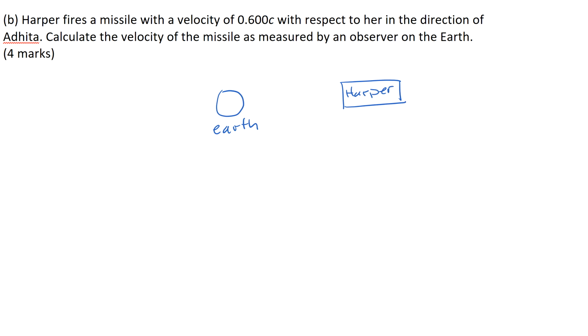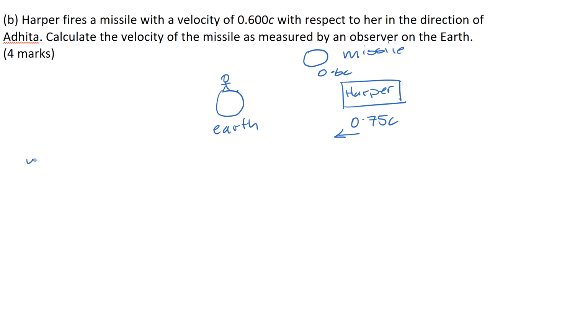And we know Harper with respect to the Earth is 0.75 c. And they've got some sort of missile that's coming off. And that missile is 0.6 c, and that's measured with respect to Harper. Okay, so we want to measure the velocity of the missile with respect to the observer on the Earth.